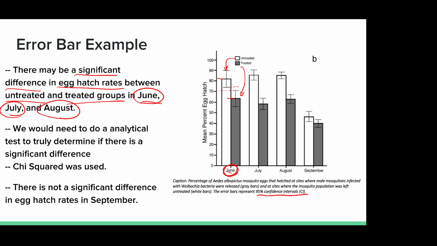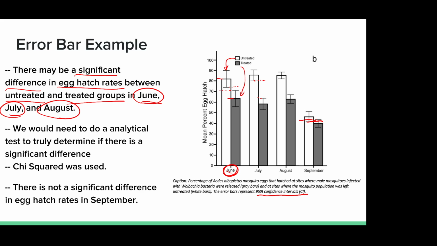Again, because those intervals do not overlap, and I'll just do July. But unfortunately, when we come to September, whoa, that was not exactly a straight line. I apologize. Those intervals do overlap.